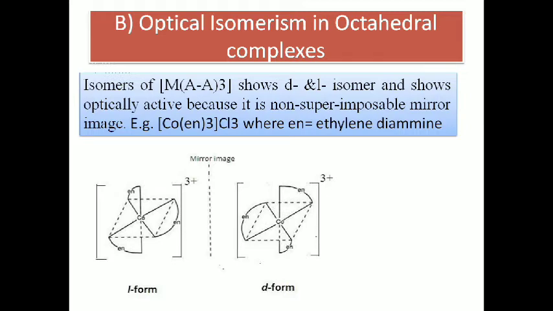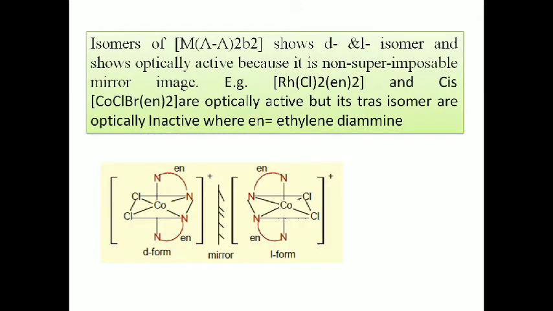When we see the structure, the mirror image goes from dextrorotatory to levorotatory. Hence, cobalt ethylenediamine shows two forms, dextrorotatory as well as levorotatory.